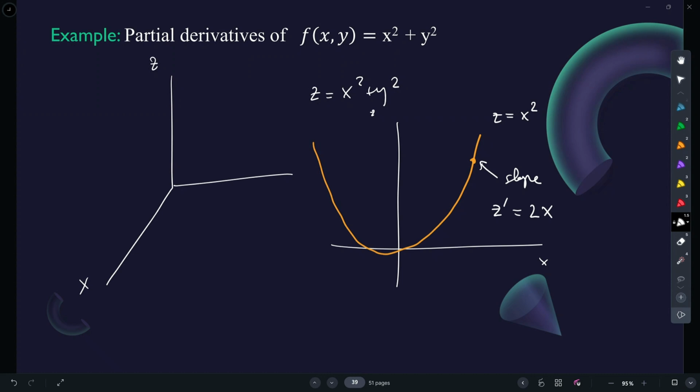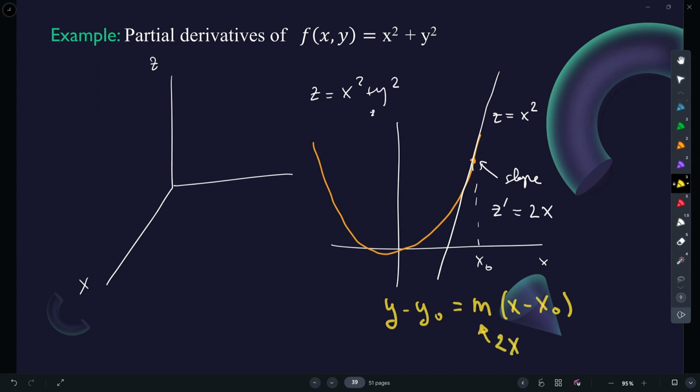So at that point x naught, this line right here is the line that goes through the point, y minus y naught, x minus x naught, and I know the slope as well. The slope will be 2x naught, and I in fact also know what y naught is. It's the z value here.